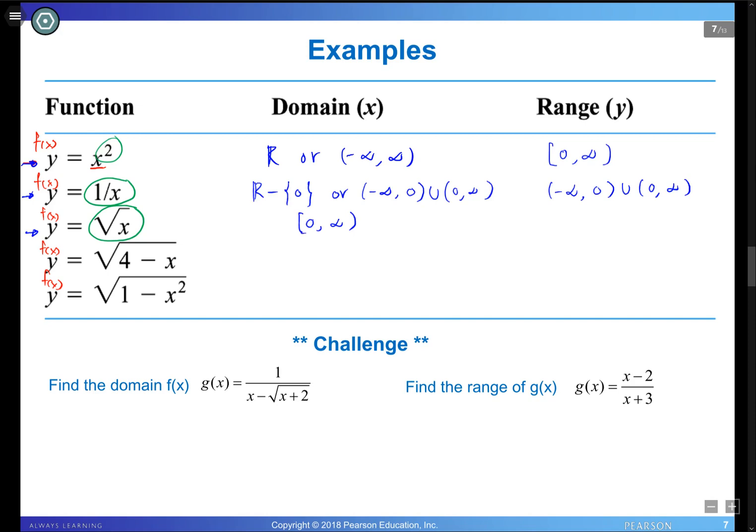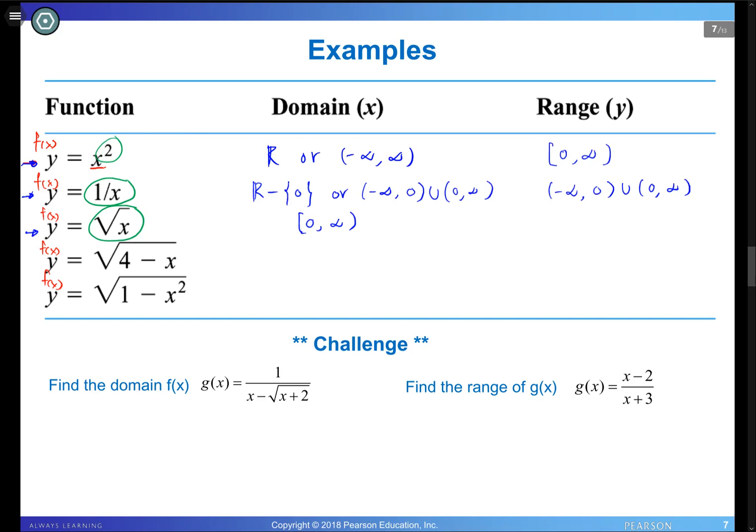What about the range of this function? We have a square root right here. We know that the result of the square root cannot be negative. Can the result of the square root be 0? Yes. If x is equal to 0, then y equals 0. Can the result become really small? Yes. If x is small, then the square root of a small number is small.